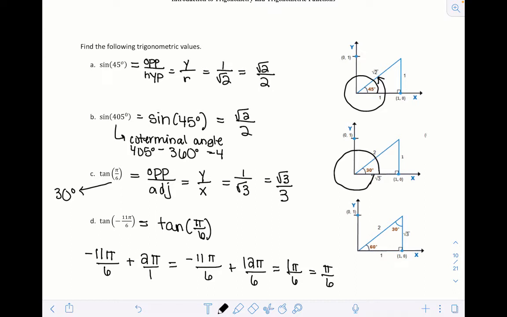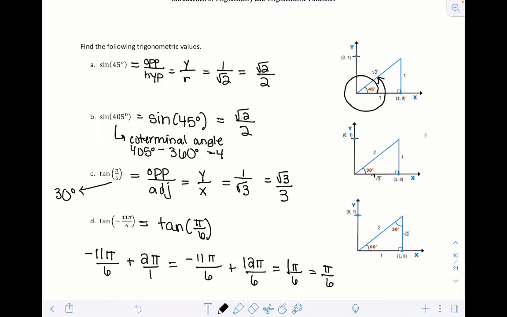Wait, I didn't mean to go all the way around. Okay, what we had found here is that negative 11 pi over 6 is close to negative 12 pi over 6. And negative 12 pi over 6 would have been one full rotation, but in the negative direction. But what we found is that it's coterminal with pi over 6.